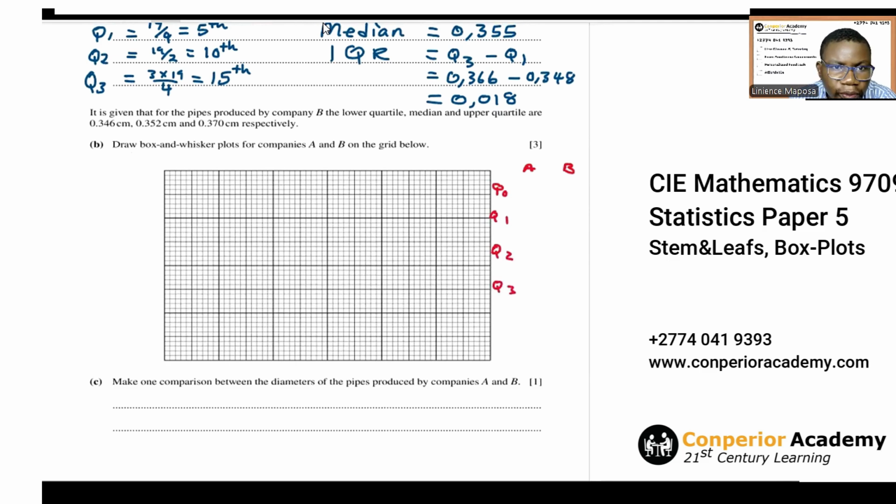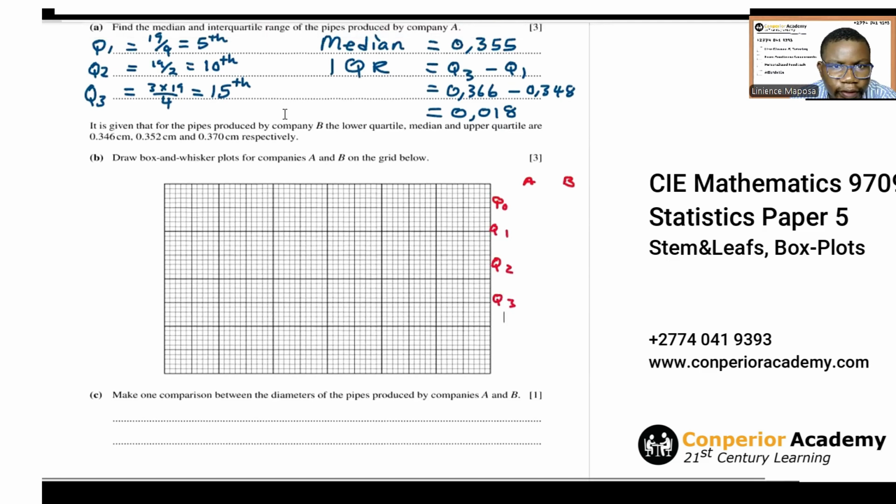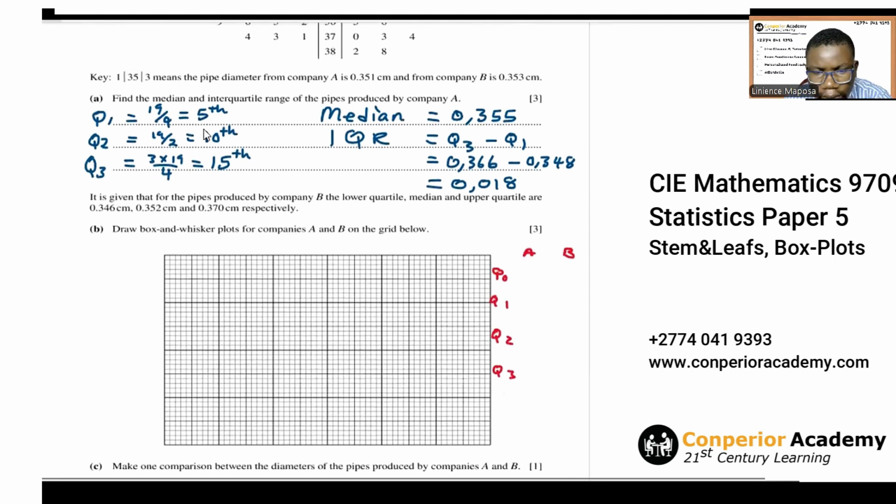So for company A, we just calculated these values. We didn't calculate Q0, but we can get it from the stem and leaf. So Q1 is 0.348. You can write all this in pencil. And then the median, we found it to be 0.355. And the upper quartile was 0.366. And then I need Q4 here.